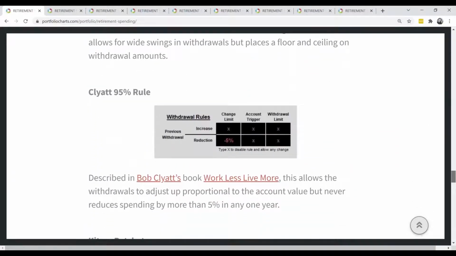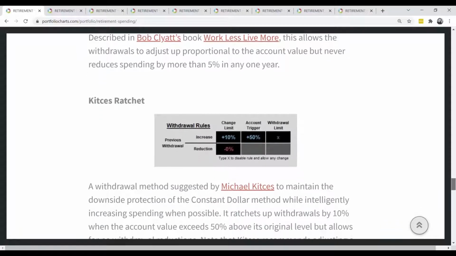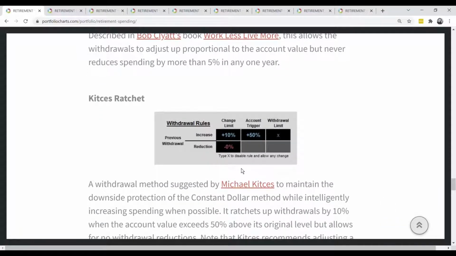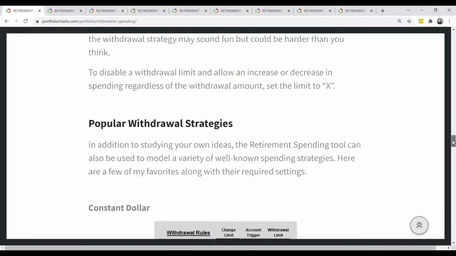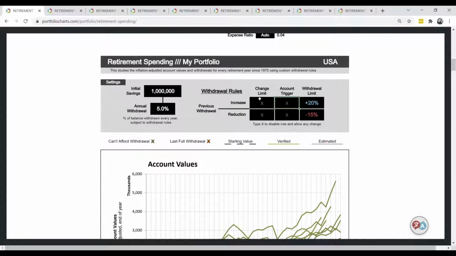Here's another, the quiet 95% rule. And here's something called the Kitsis ratchet, where it never reduces your withdrawals, but it will increase them 10% if your account gets to 50% or greater. So we'll just go back and put those in, 10, 50, and 0 in those boxes. And go back up here and see what that's like.